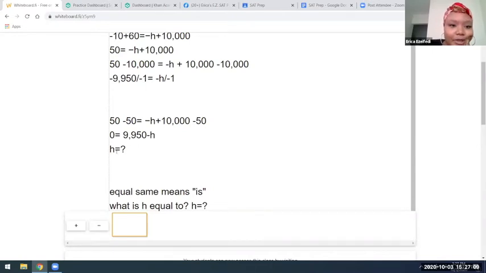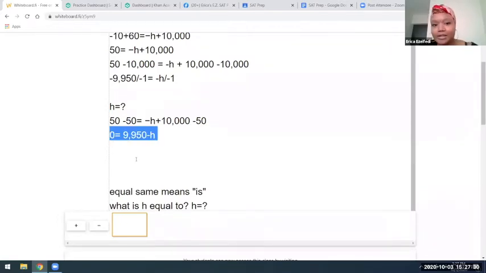I'm going to just move this up here, and delete it here. Okay, so we want to get the problem in this format right here, h equals something. Right now we have 0 equals 9,950 minus h. So it's kind of far from how we want the answer to look.